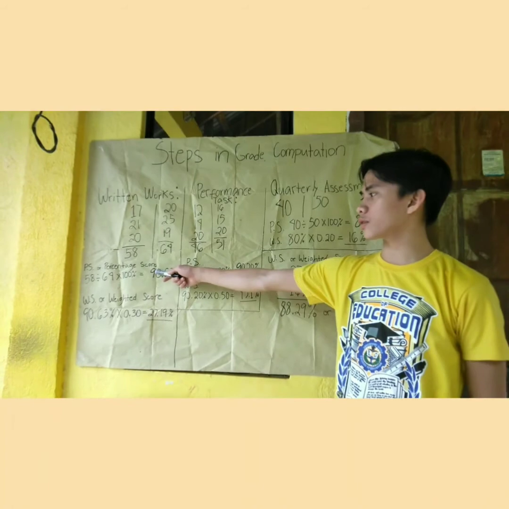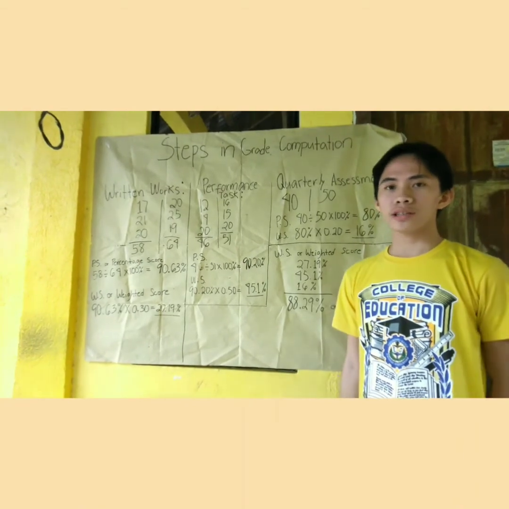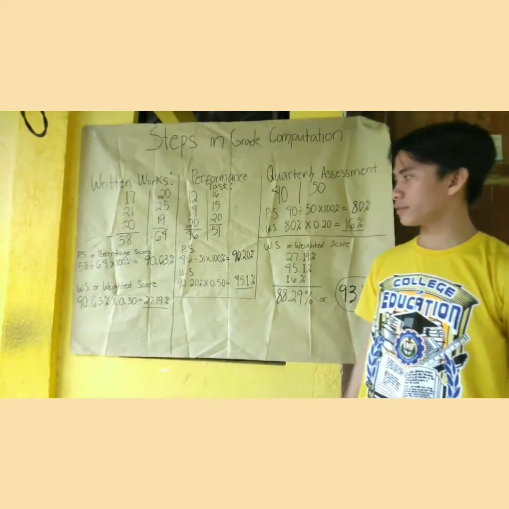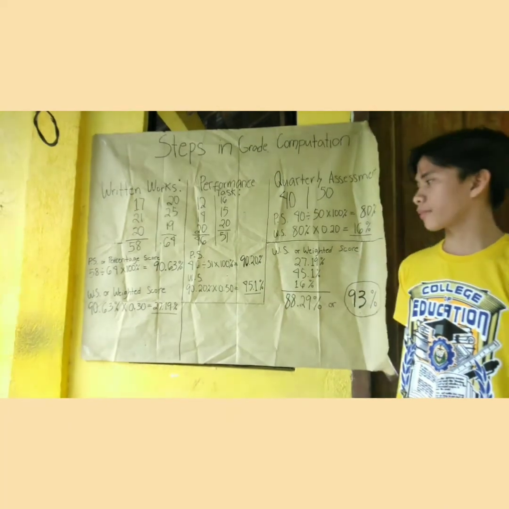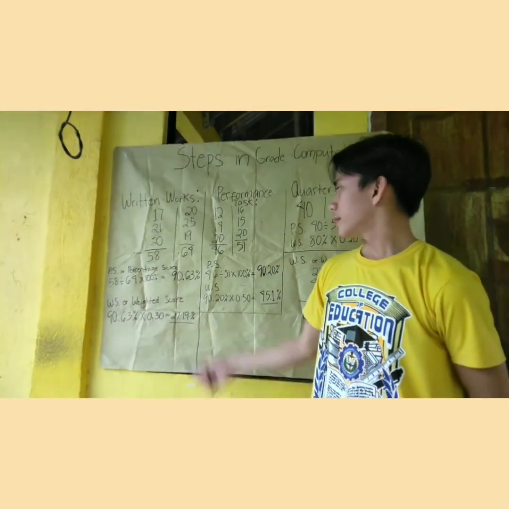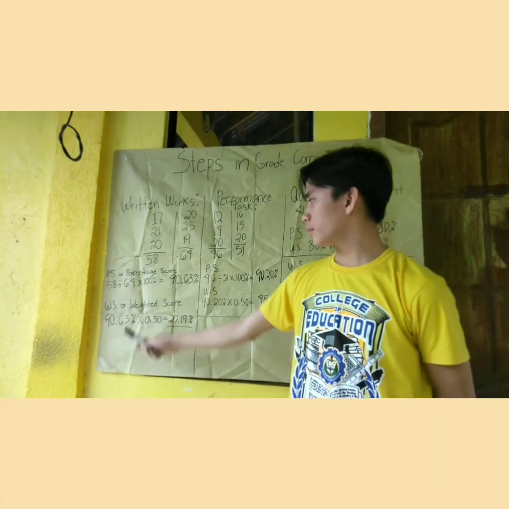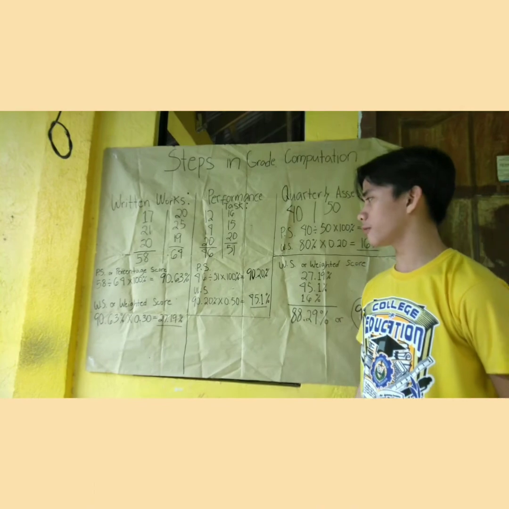The third step is to convert the percentage score into weighted score by multiplying the percentage score by the weight of the component. In the BTVTEd order number series of 2015, written work is 30%, performance task is 50%, and quarterly assessment is 20%. The percentage score in written works is 90.63, multiplied by 0.30 will give us 27.19%.